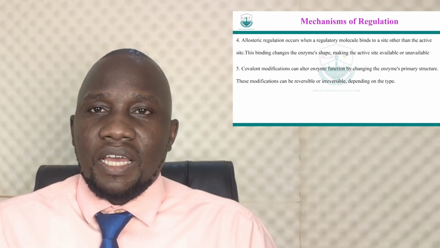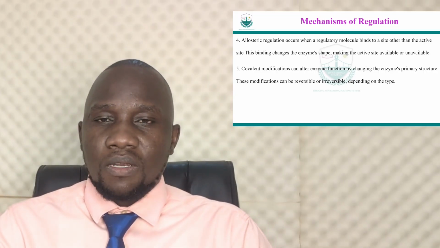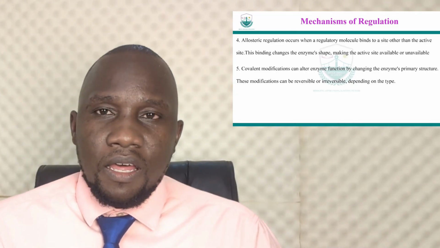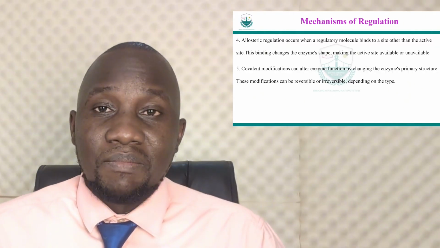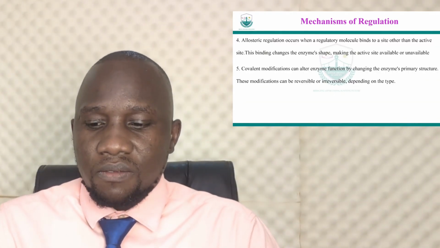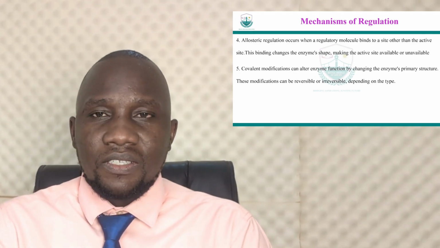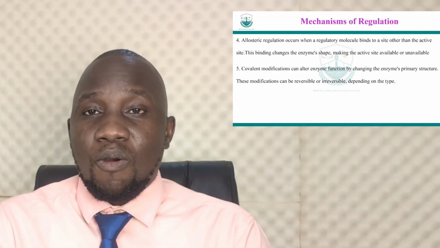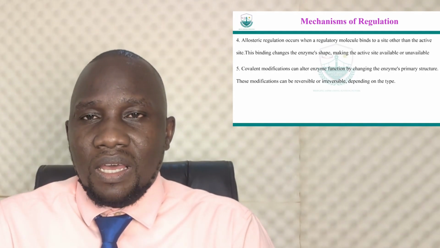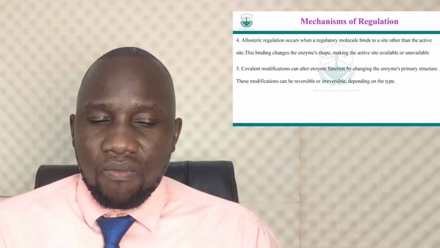Here, the enzyme is not able to carry out its function because its primary structure has been altered, because you have attachments to the enzyme through covalent bonds, and that's why we term this covalent modification of the enzyme.